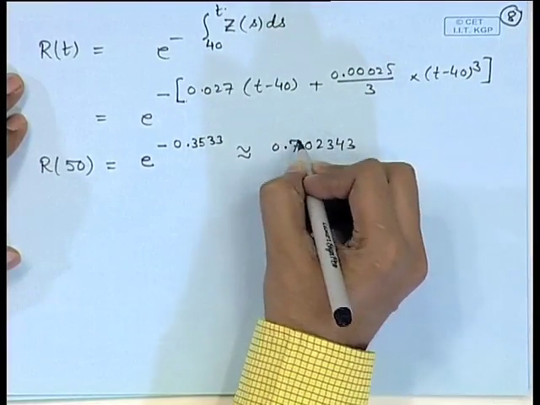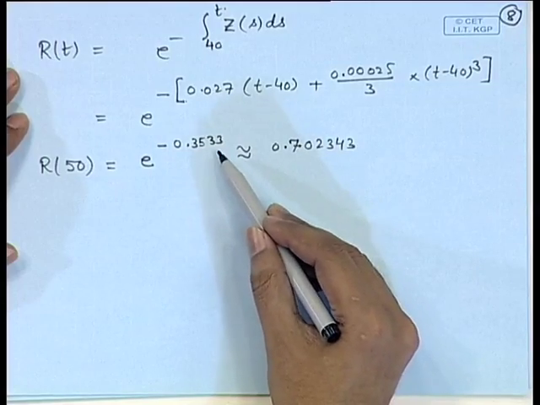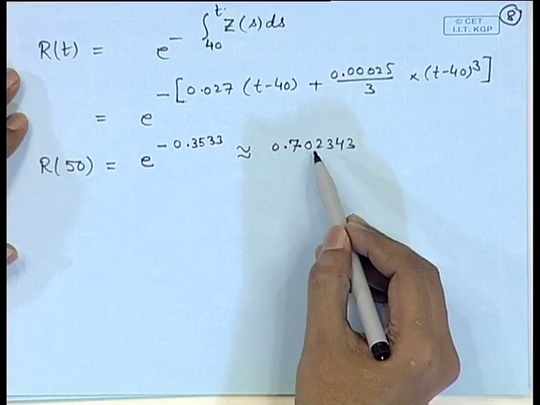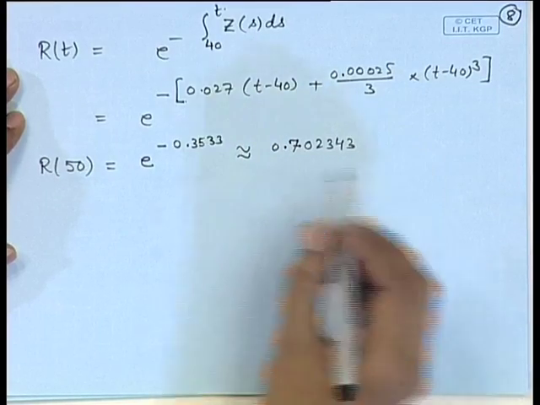That means, if he is a smoker and he is already 40 years old, the probability of his surviving beyond 50 is only 70%. That means there is a 30% chance that he will not survive.